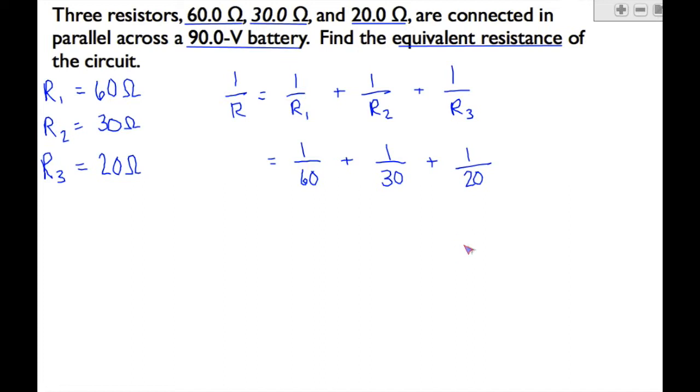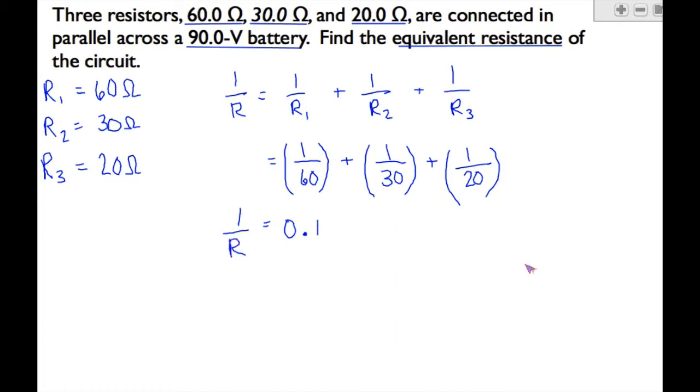Now when you put these in your calculator, if you want to put them in your calculator all at once, you need to put parentheses around each one, or your calculator might not give you the right answer. And so then you'll have 0.1 is equal to 1 over R.